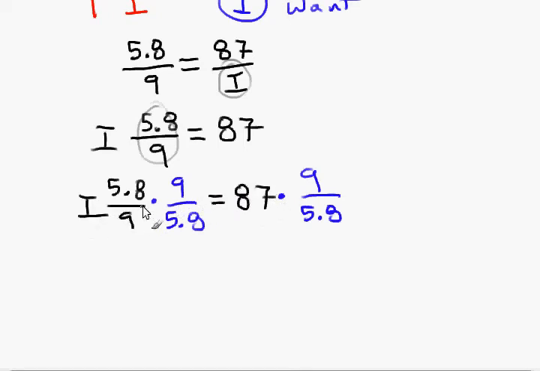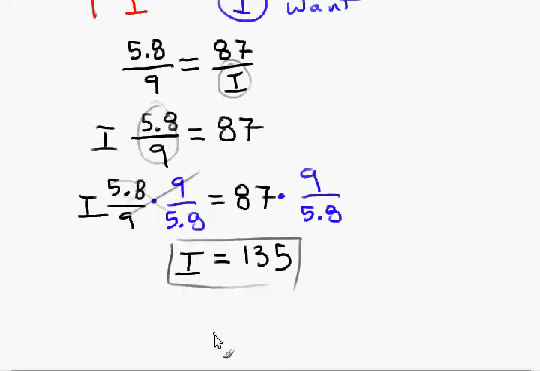And this is still going to cancel out. We can still cross multiply, even though, oh no, there's decimals mixed with fractions. That's fine. So we're going to have that the innings pitched is equal to 135 after I do the calculations. 135 innings pitched. So it looks like maybe this was part of a season. We're partway through a season here.